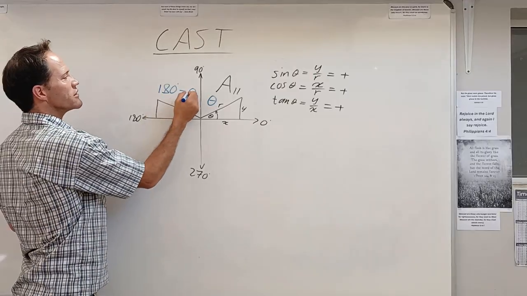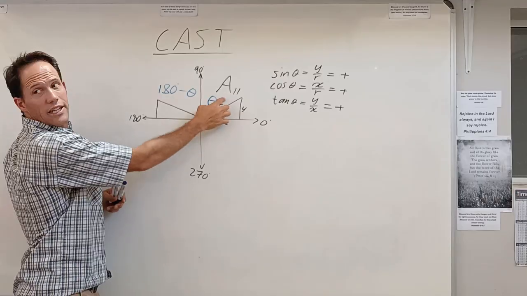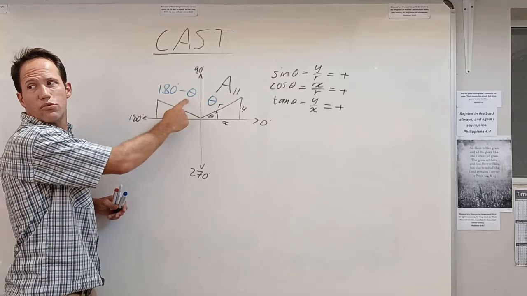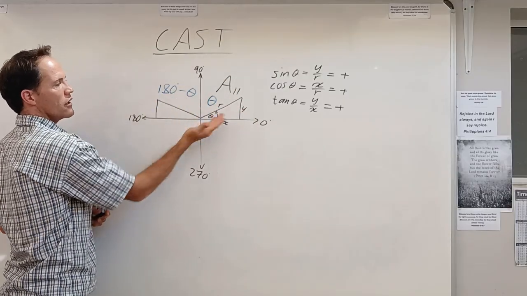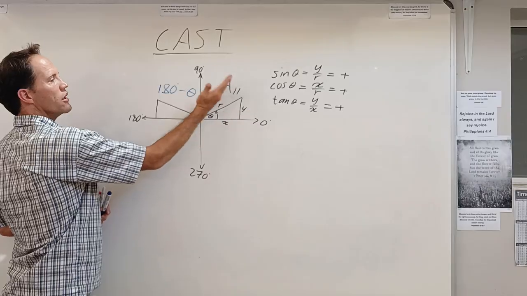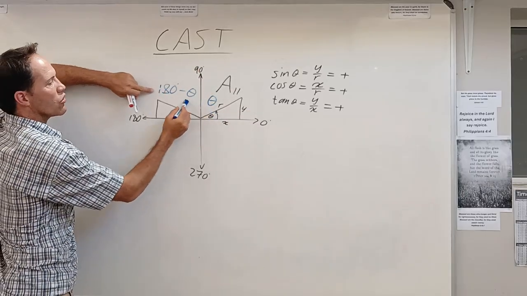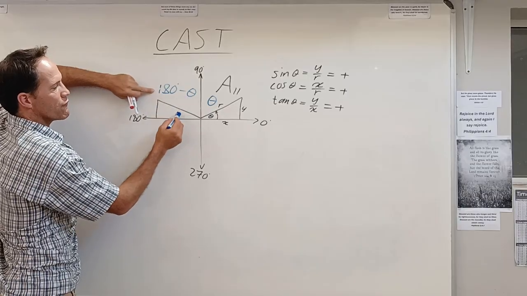Why this? Think about it. Let's say the angle here was 30 degrees. Then 180 minus 30 is 150. So if you go all the way to 150, from 0, 90, 150, we can say it's 180 minus 30, which is 150.